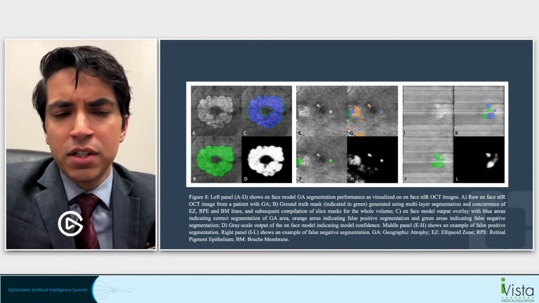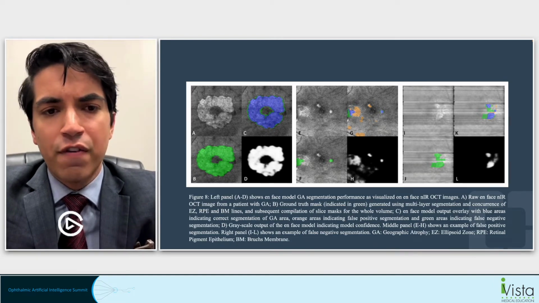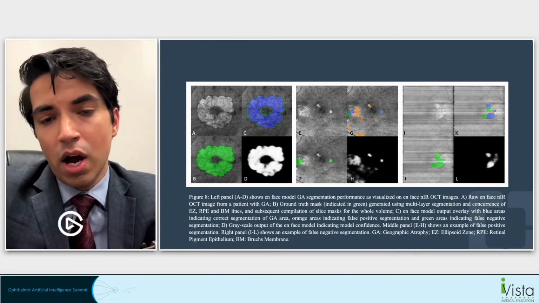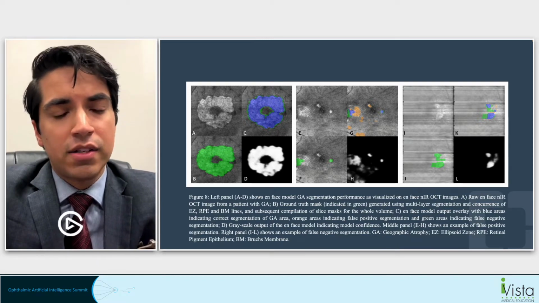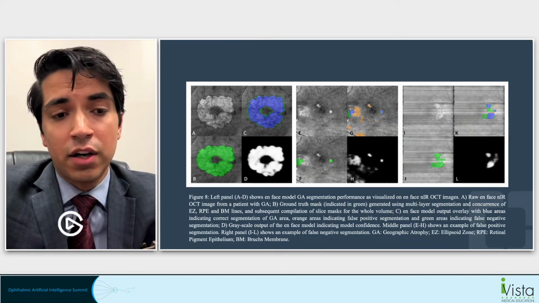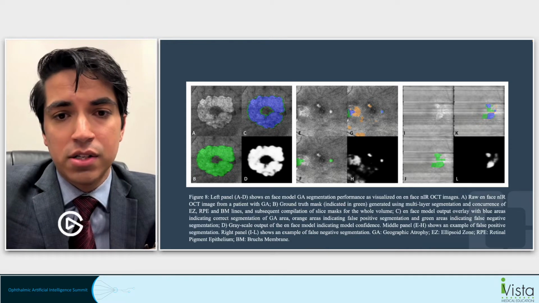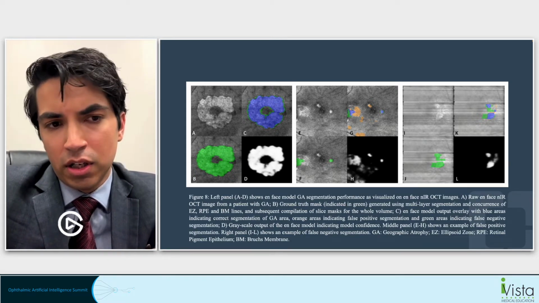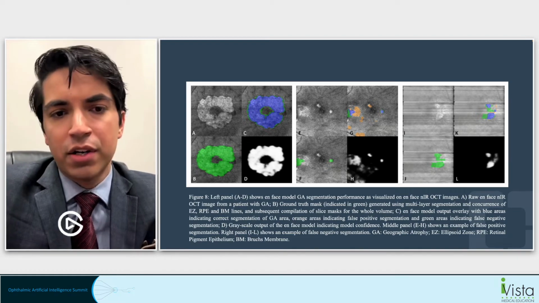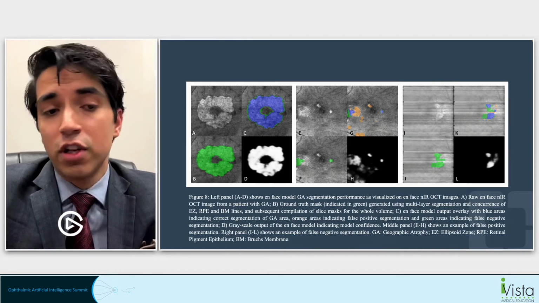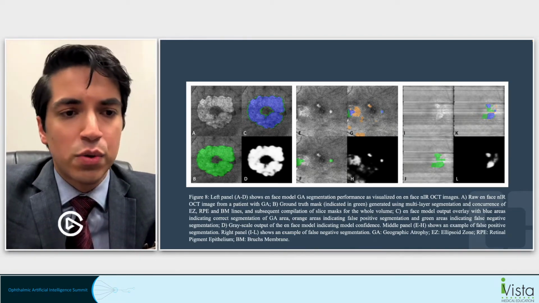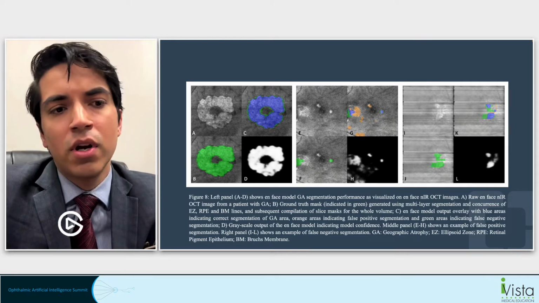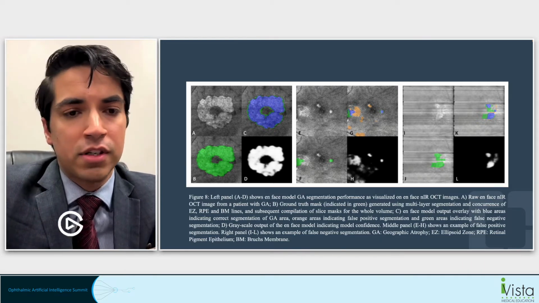This next panel shows a set of on-FOSS images and how our model performed with that. Essentially, it does an incredible job of identifying areas that it thinks are GA. The pattern of the images on this slide follows the pattern from the previous slide. The left panel shows a typical scan and how that would perform in the segmentation.